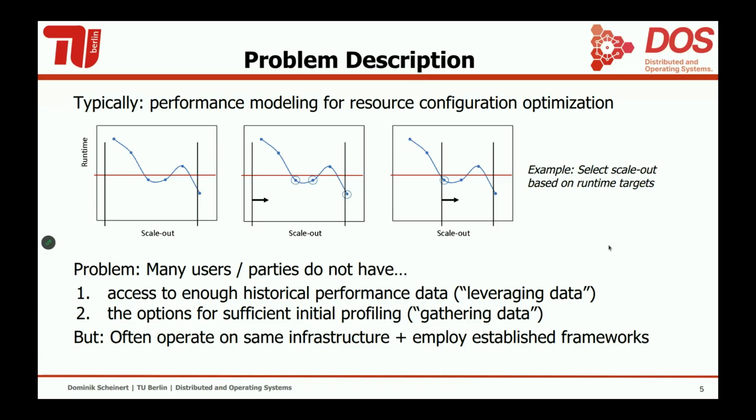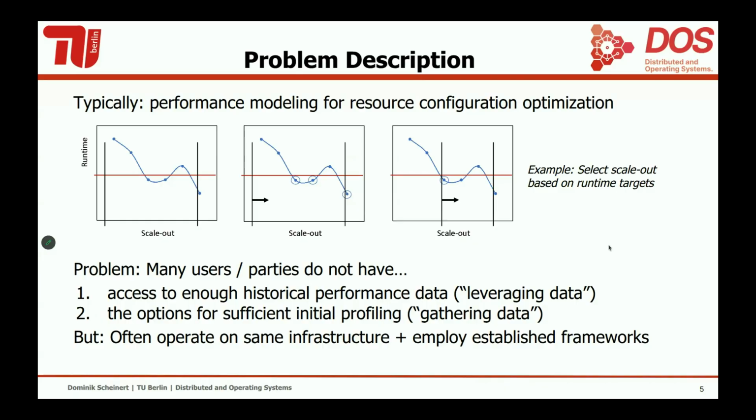The problem is usually this requires a lot of data to train on. So you need historical performance data, or you need to have sufficient time or budget to do some kind of initial profiling. And often parties or users don't have either of them. At the same time, they often operate on the same infrastructure or they employ established frameworks.